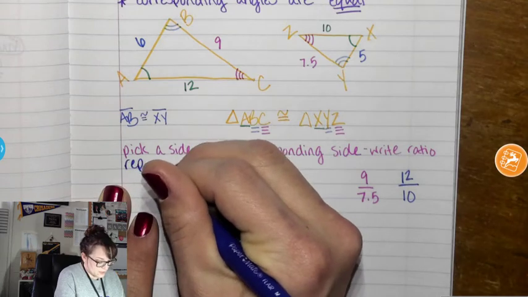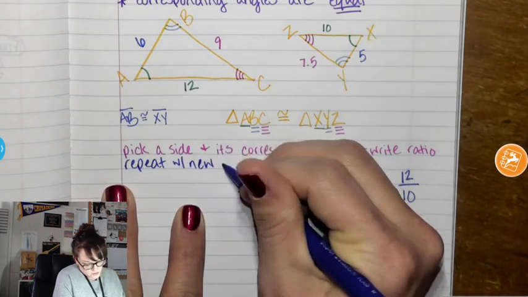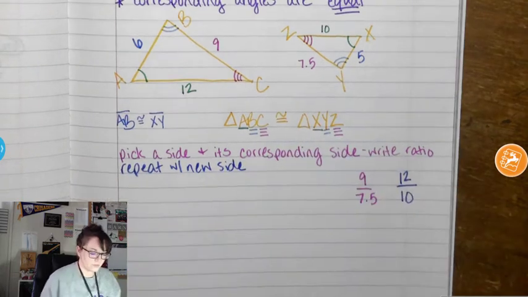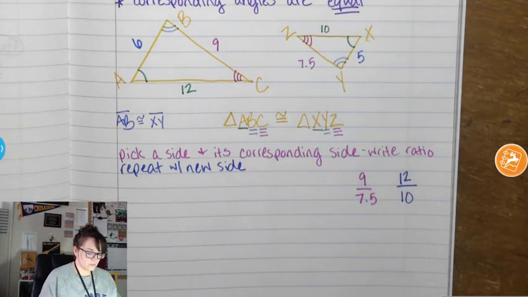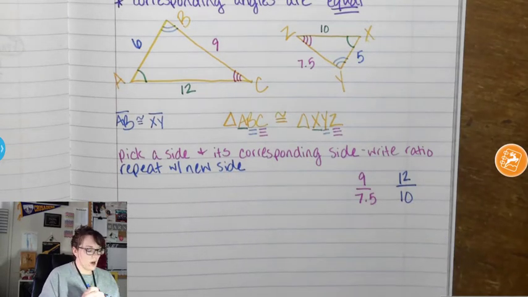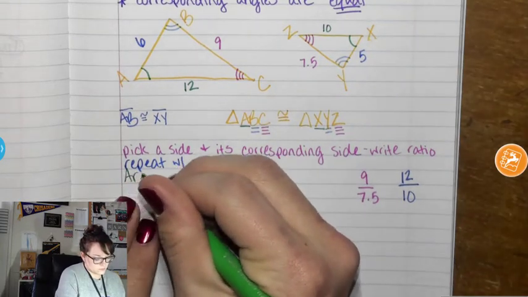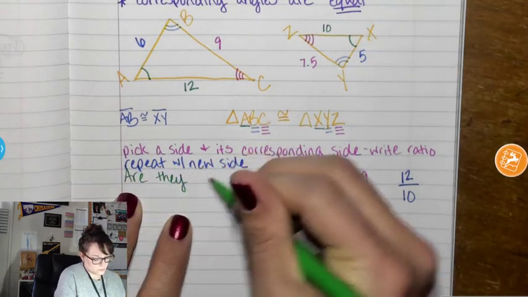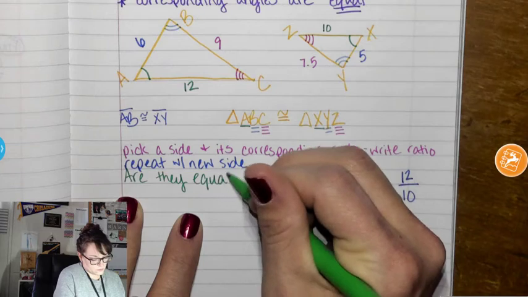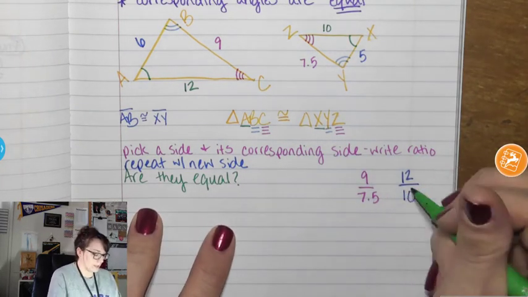Your second step is to repeat with a new side. Now I have two ratios. I need to know, are they equal? We can test if they're equal by cross multiplying.